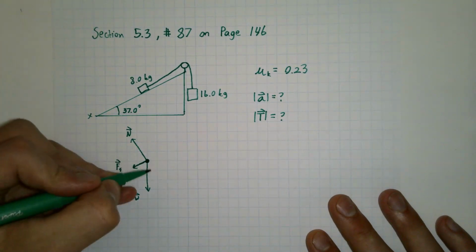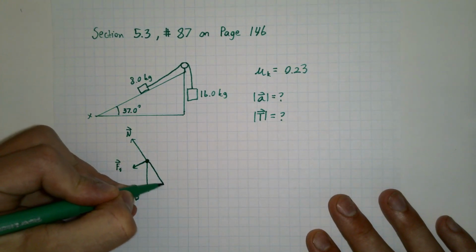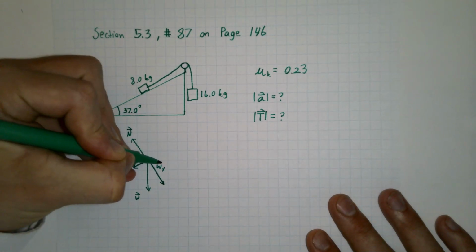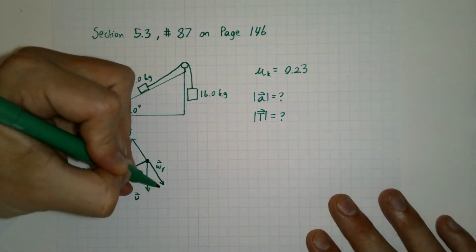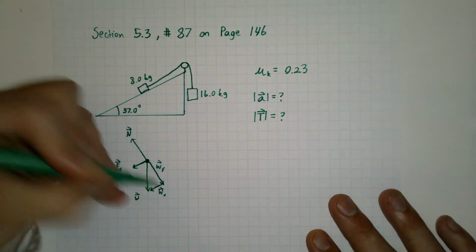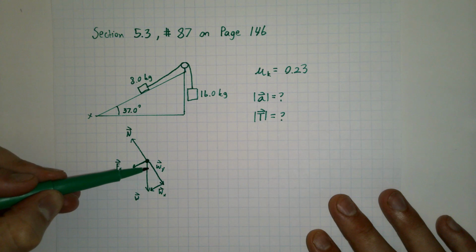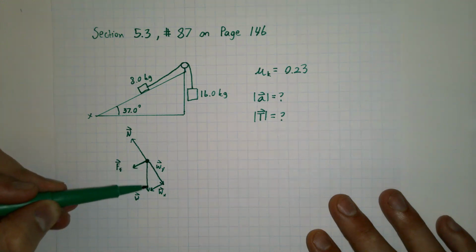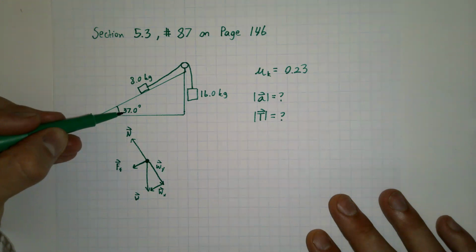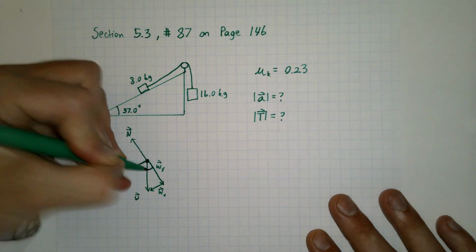This weight will have to be split into two components. One y component of the weight, and then an x component of the weight. The angle between the y component and the resultant weight is the same as the angle of this incline, 37 degrees.